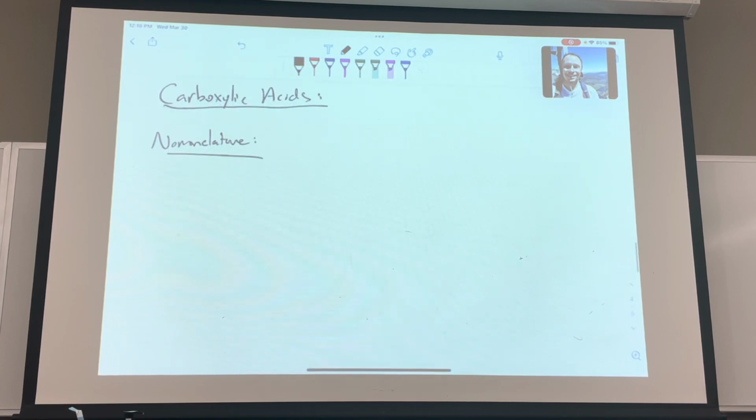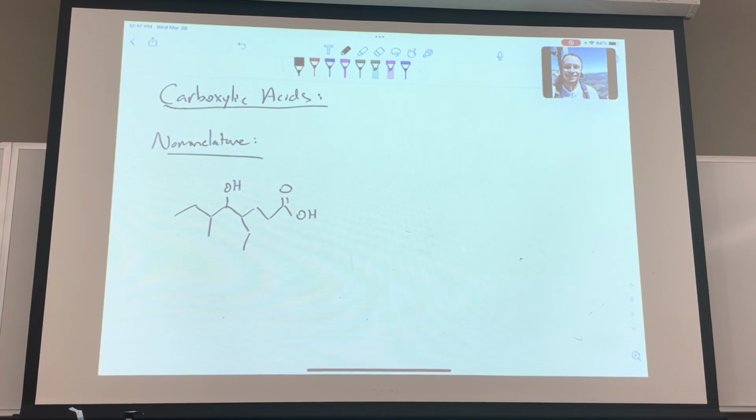So the nomenclature of carboxylic acids is actually really easy. And the reason I say that is because it really takes a lot of the guesswork out of nomenclature for a couple of reasons.